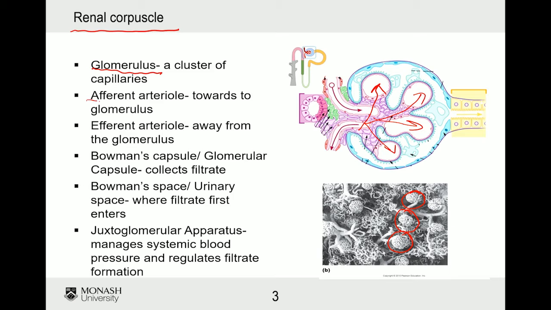Going into the glomerulus is the afferent arteriole. Afferent. Remember, it starts with A, which is at the beginning of the alphabet and the beginning of the glomerulus. This is important because then we have the efferent arteriole, which goes away from the glomerulus.